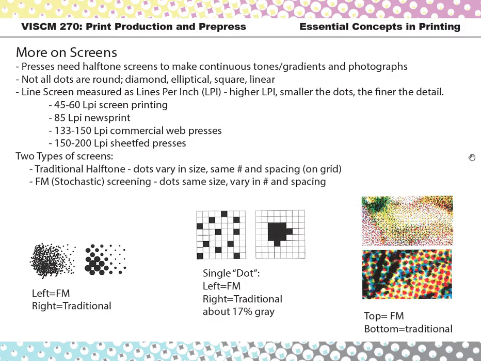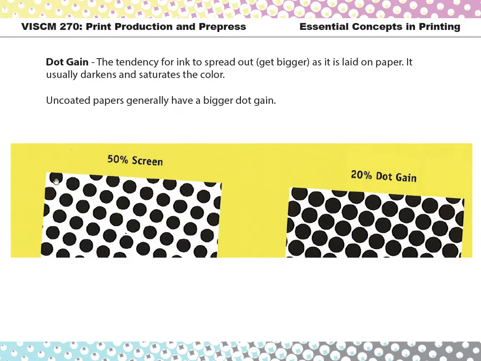So as I said earlier, screen printing can use halftone dots, but because of the screens themselves, they're limited physically to like 45 to 60 lines per inch on the screen. And when I say lines per inch, I'm talking about these lines here. So this row would be 1 line, 2, 3, 4, 5, 6, 7, 8, 9, 10. We see like 10 lines there. That row of dots would be the lines per inch.